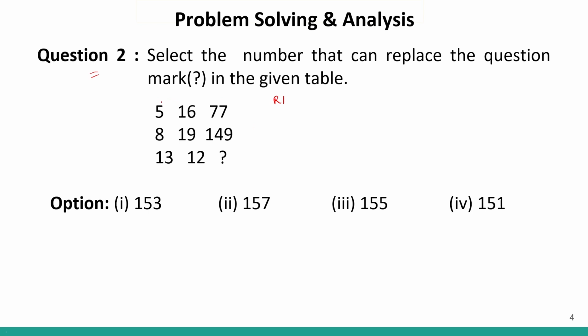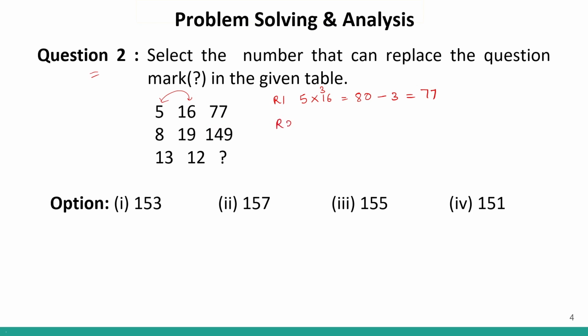In row 1, if I multiply 5 and 16, how much will I get? This will be 3 carry and this will be 80. Now if I subtract 3 from 80, I get 77. Correct? Let us check if the same logic is followed in row 2 as well.